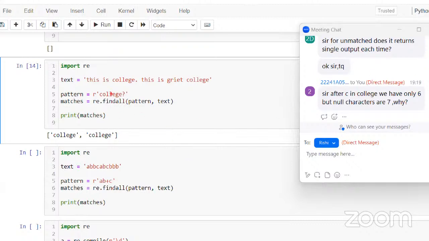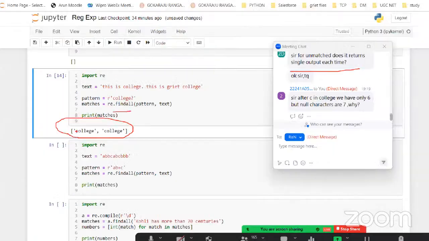Just a minute, I'll answer. So here, even though I gave a question mark, why is it giving me a list of 2 values? This answers that particular question, because the name of the function findall itself says it, right? It tries to find all the occurrences of the given string.